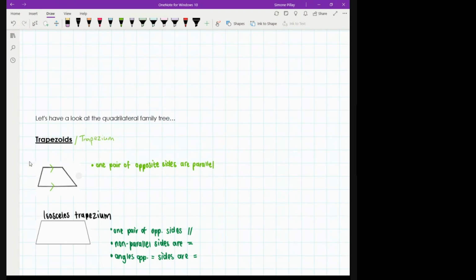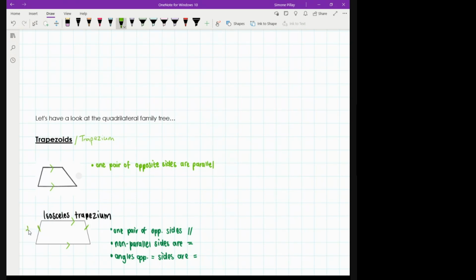A trapezium can be broken down further into an isosceles trapezium. The characteristics of an isosceles trapezium is that we have one pair of opposite sides that are parallel. We still have these parallel lines at the top and the bottom, but my non-parallel sides are equal. In other words, this line is equal to this line, and when I say the line is equal, I mean the length of the line.